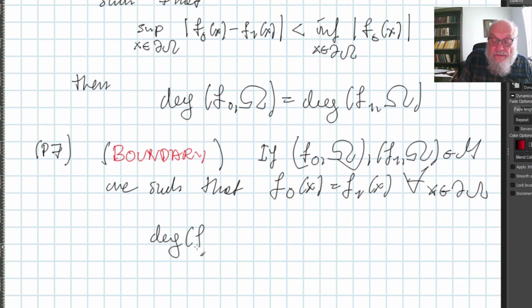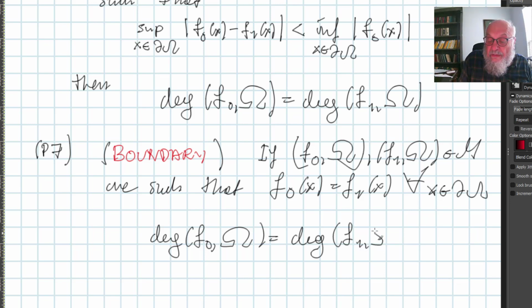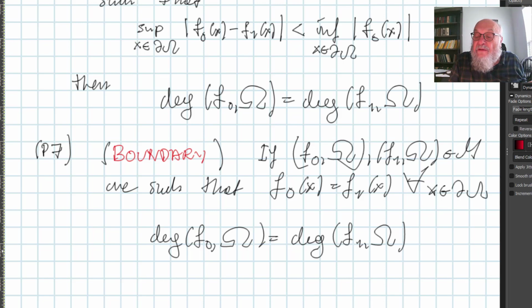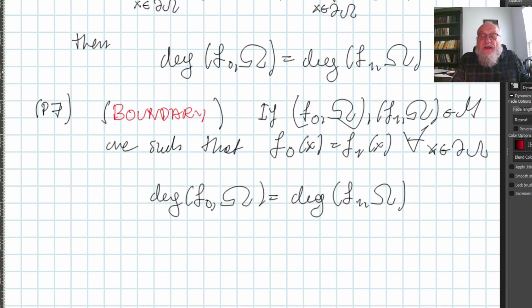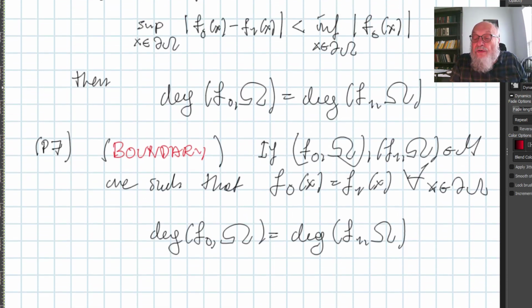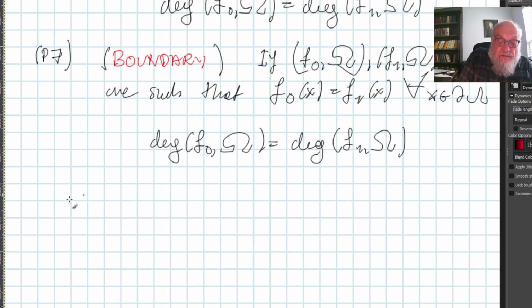That means the degree of f0, omega is the same as the degree of f1, omega. So now let's explain why it is called continuity and boundary. Boundary, because they coincide on the boundary, and continuity is related to this fact.